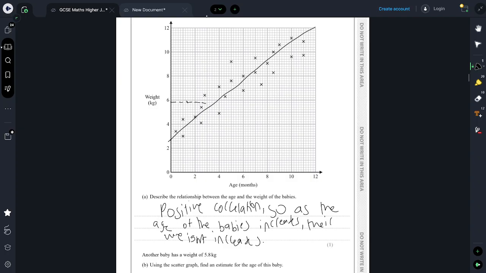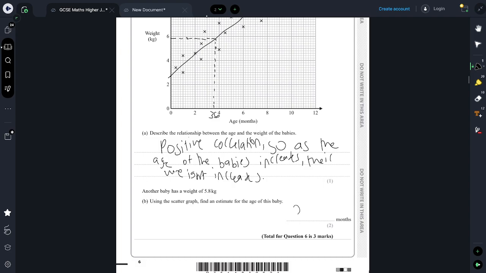So, if we continue, then if we follow the corresponding age, if we go down here, is here. Well, roughly that's 3.6, right? The age is 3.6 months.